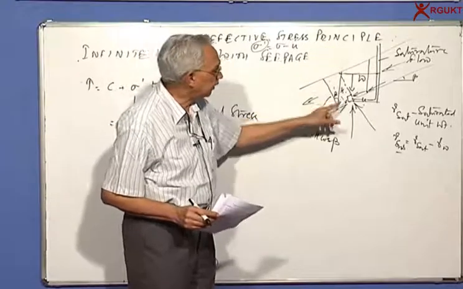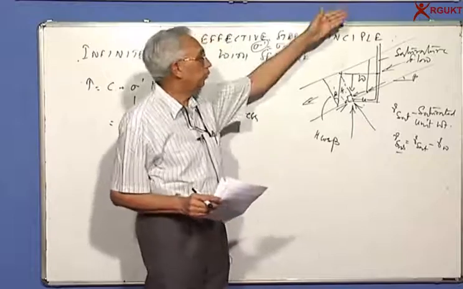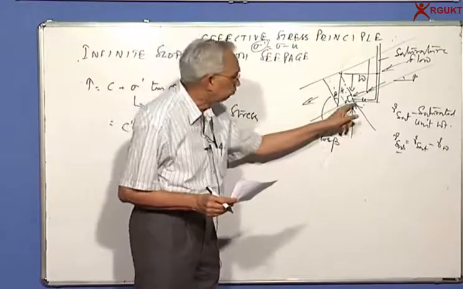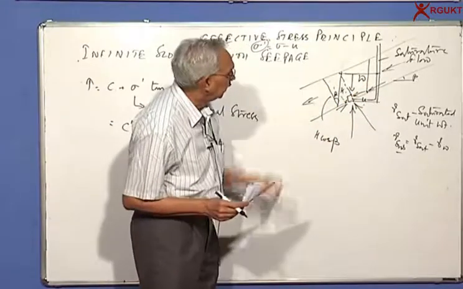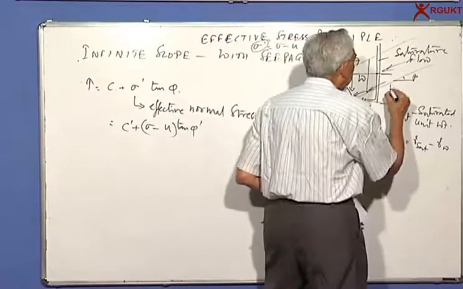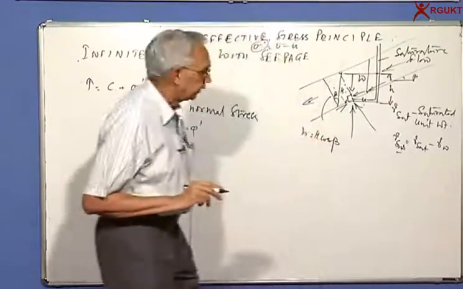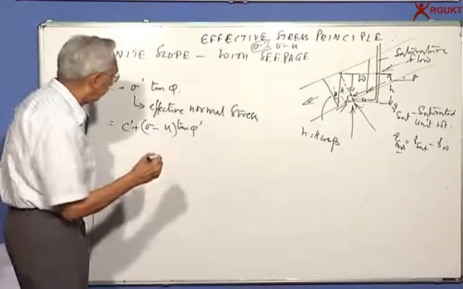And if I put the piezometer, the water level will rise up to the top of the slope. It cannot go beyond because then it will flow outside the soil. If that is so, this distance, small h, is equal to h cos beta. So now we'll write the strength mobilized like before.